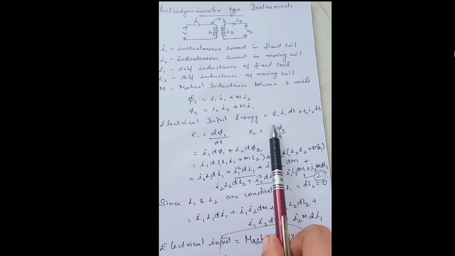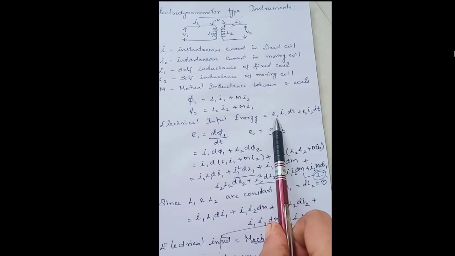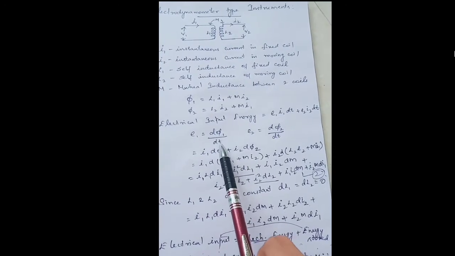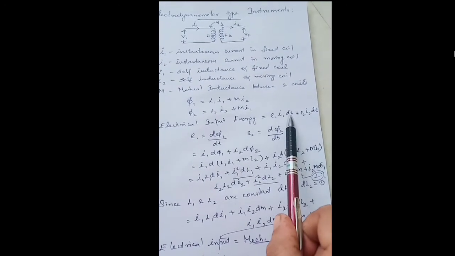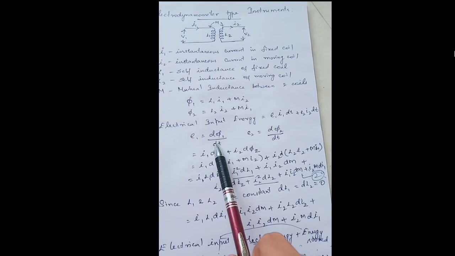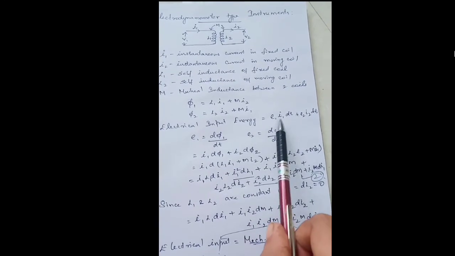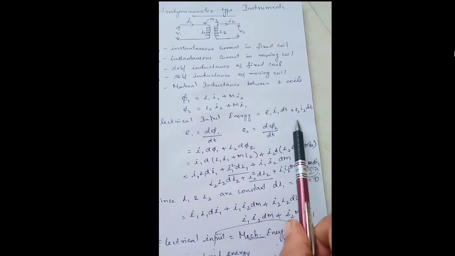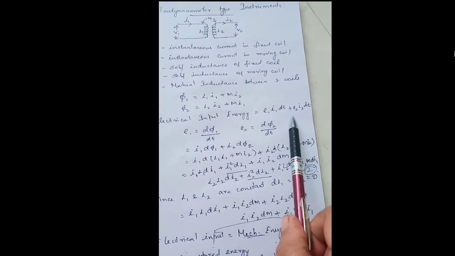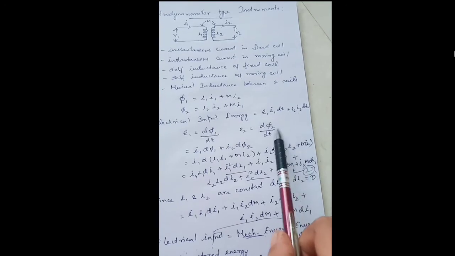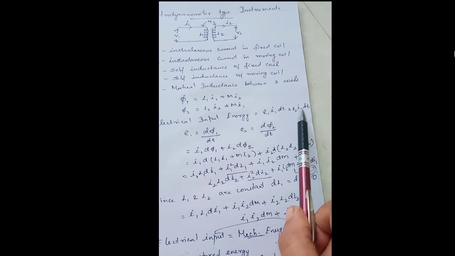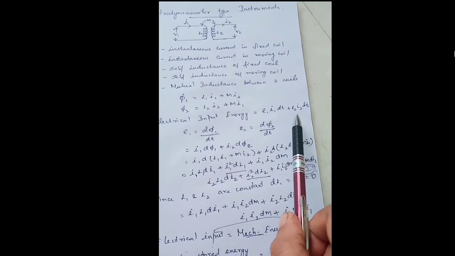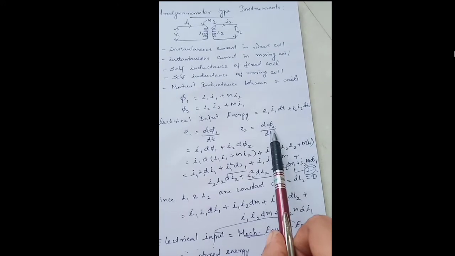Here, instead of E1 I am going to replace it by d phi 1 by dt. Already here we have dt, so these two dt get cancelled out, so it will be I1 d phi 1 plus, when we apply d phi 2 by dt in the place of E2, the dt and dt get cancelled out, so the remaining term will be I2 d phi 2.